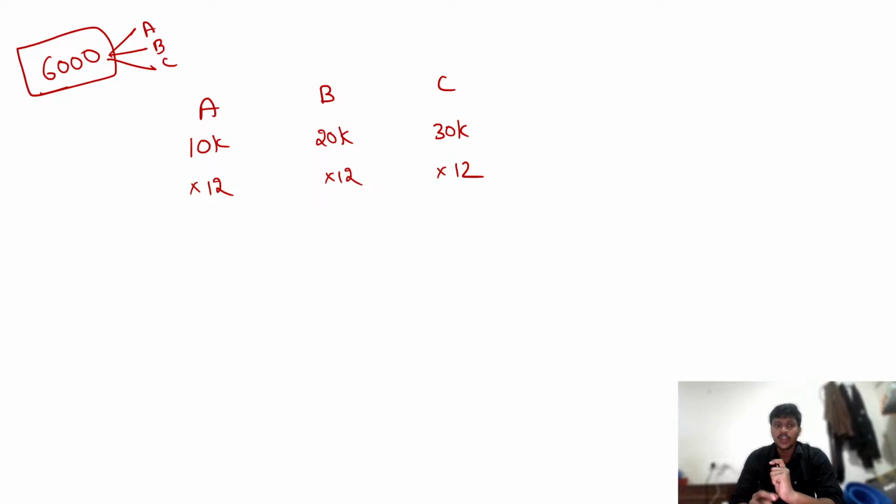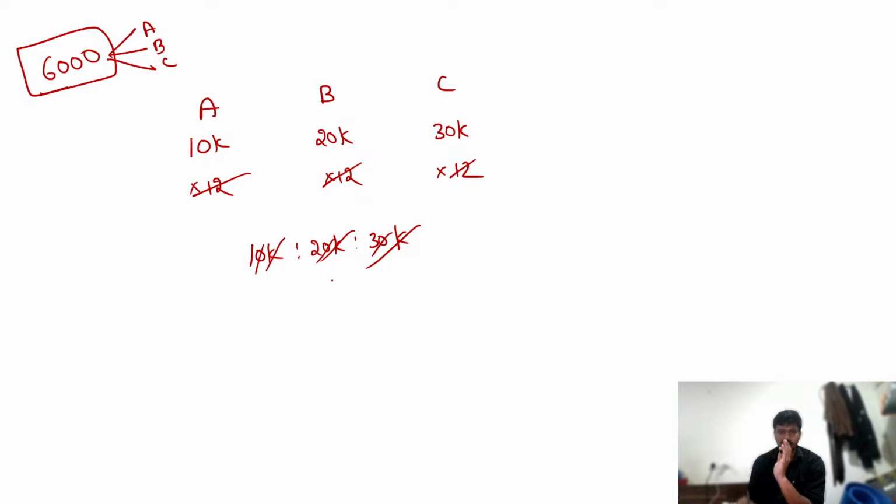That's why whenever the time period is the same for each person, you have to divide the profit according to their investment ratio. We got 10k from A, 20k from B and 30k from C. Cancel the 1000s, and you get the ratio 1:2:3. That means you have to divide your profit in the ratio of 1:2:3.